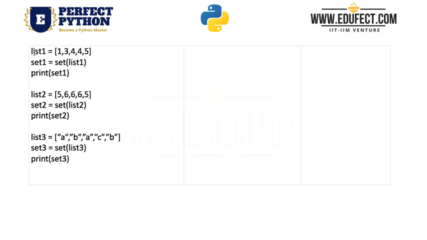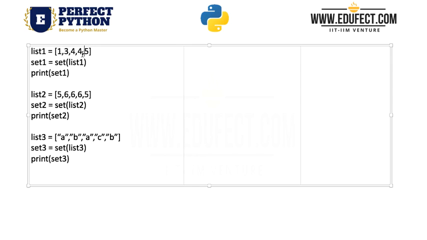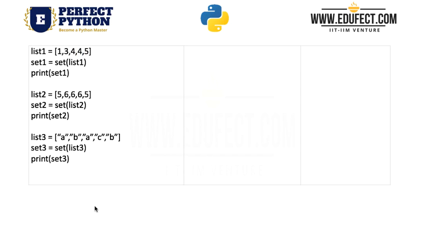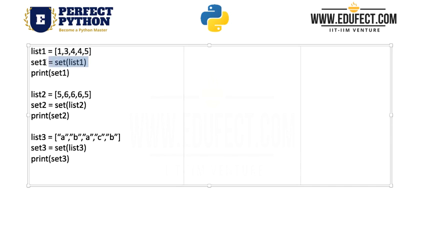So here I have declared a list1, which has these 5 values: 1, 3, 4, 4, 5. As we can notice, 4 is coming twice in this list. So in a list, we know it maintains order and any duplicates or any such constraint is not there. So we are now constructing set1 is equal to set(list1).